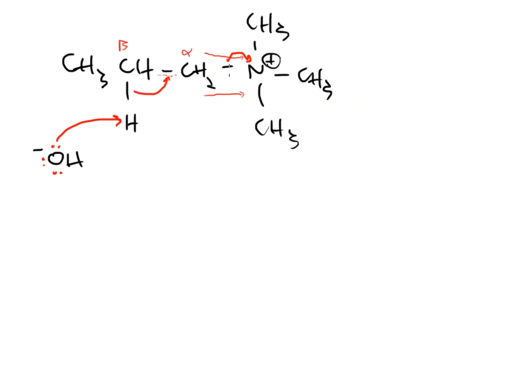I don't need you anymore. So all of these things happen at the same time, and that is why this is an E2 elimination mechanism. It all happens at once. So that creates the double bond. When that carbon to nitrogen bond breaks, that frees up the nitrogen piece, so that way it becomes neutral again, and then water is formed as a byproduct.